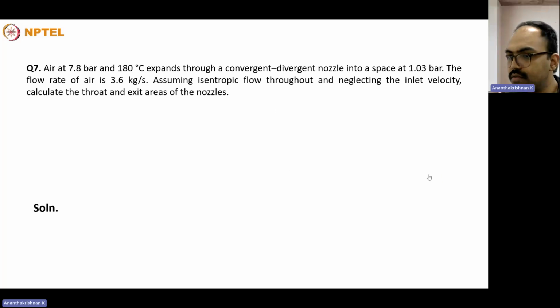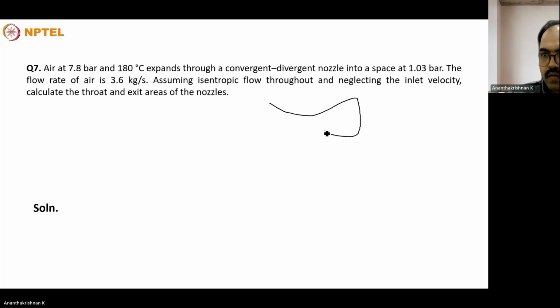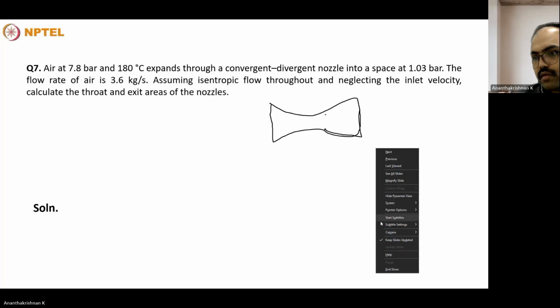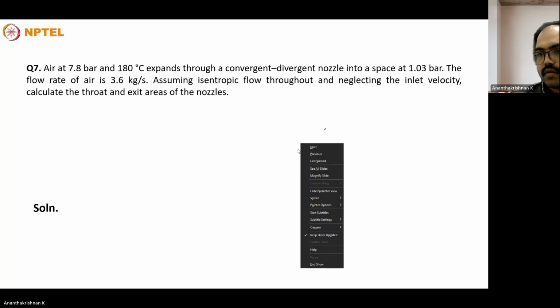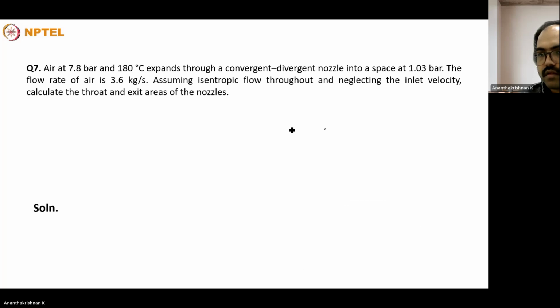So this is a problem of a convergent divergent duct. So we can try to draw that. The middle point is the choke point, the throat point, where the Mach number will be equal to 1.